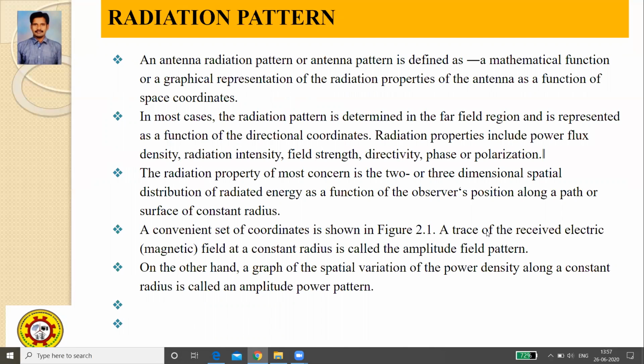Initially, the radiation pattern. For antennas, the radiation pattern is the fundamental diagram to represent a mathematical function or a graphical representation of the radiation properties of the antenna as a function of space coordinates.